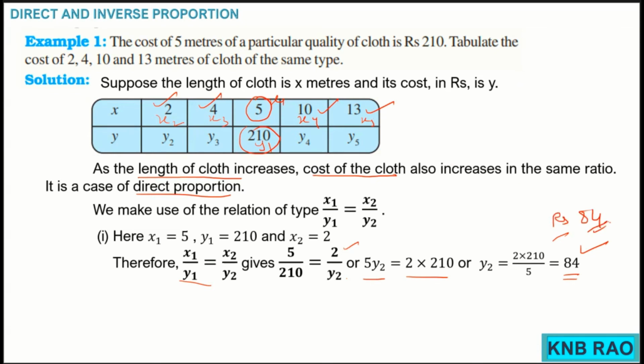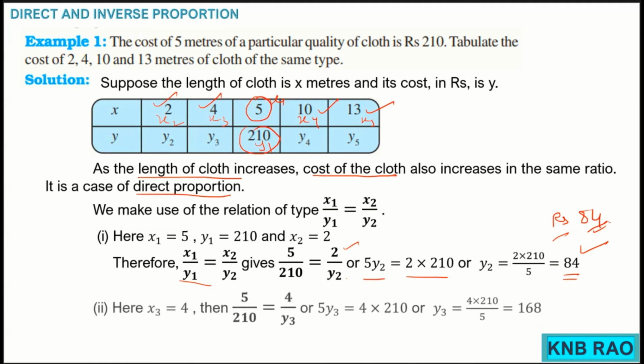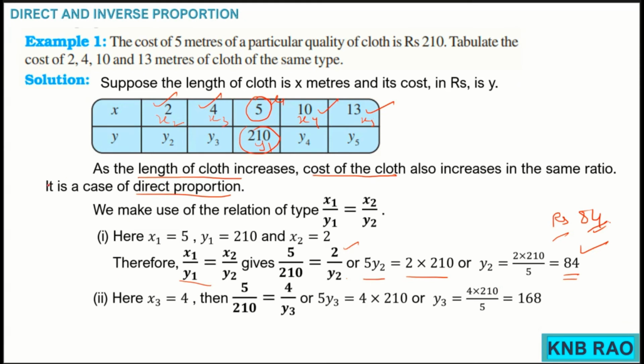Now, second question. Here if I want to find the cost of 4 meters of cloth, considering x3 as 4 and substituting in the same formula, x1 upon y1, that is 5 by 210, equals x3 upon y3.